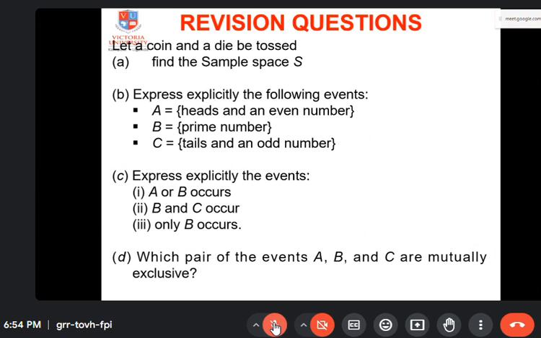Very good. We have a head 2, a head 4, and a head 6. How about B? Set B is a set where you find a prime number.